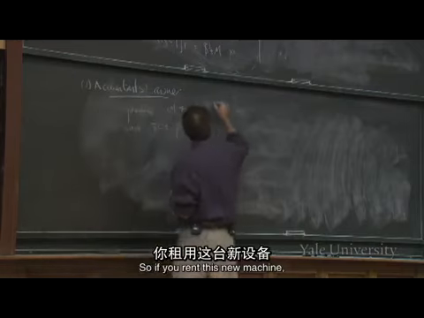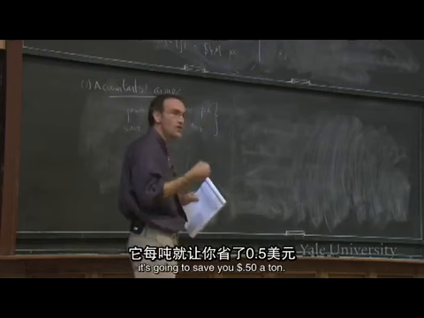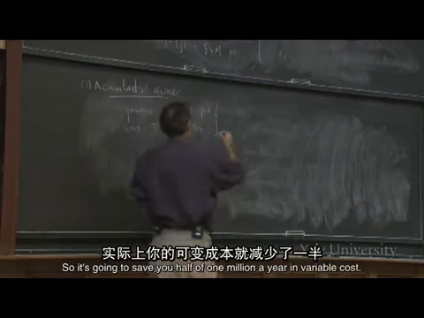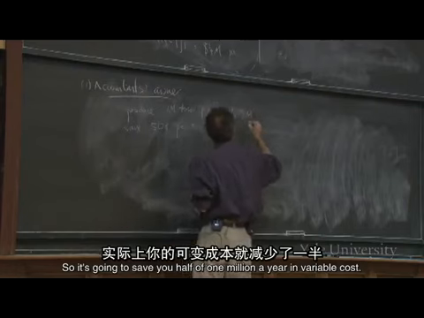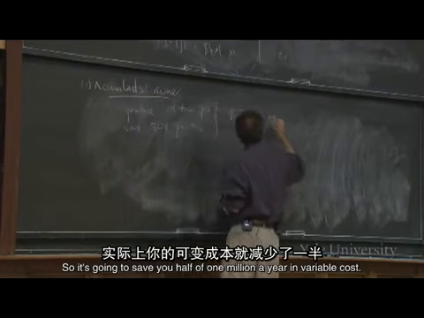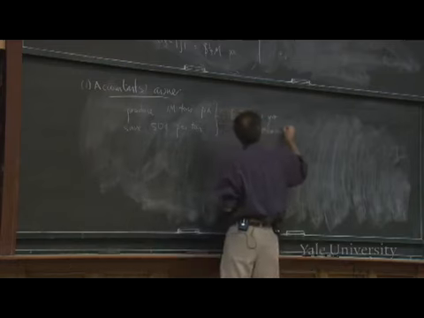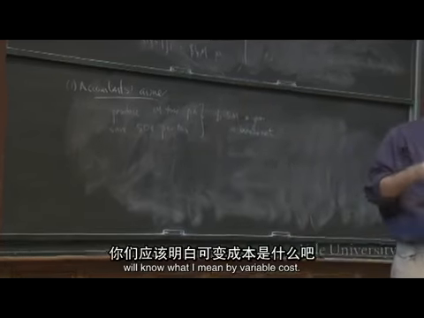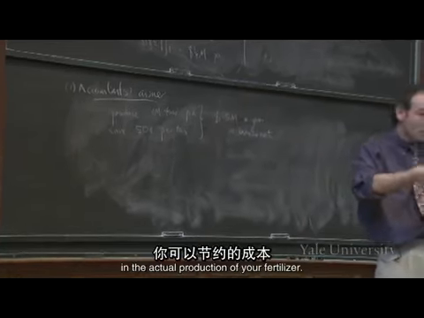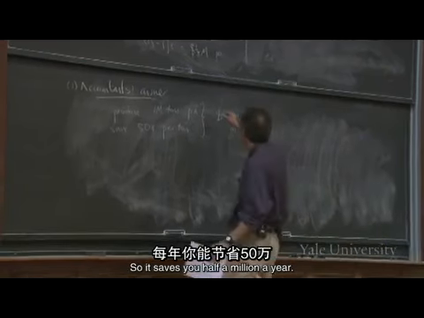So if you rent this new machine, you're producing 1 million tons a year, and it's going to save you 50 cents a ton. So it's going to save you half a million a year in variable cost. Those people who own 115 or 150 know what I mean by variable cost. It's the cost you're going to save in actual production of your fertilizer. So it saves you $500,000 a year.